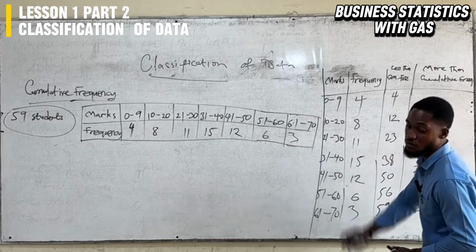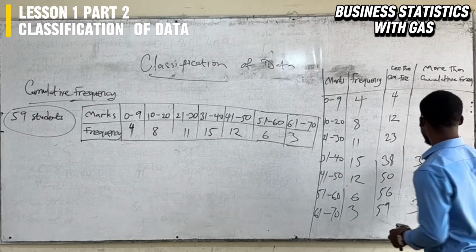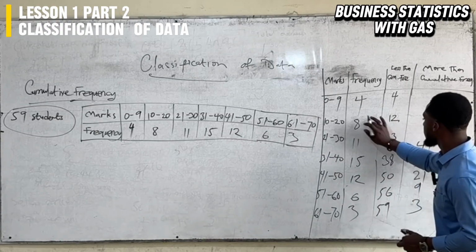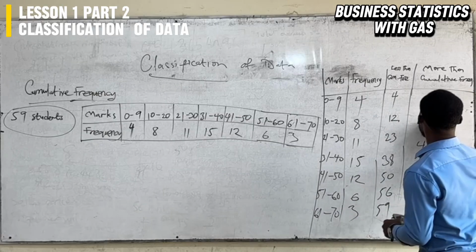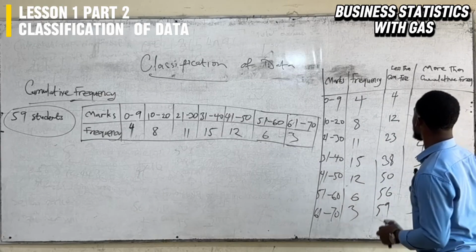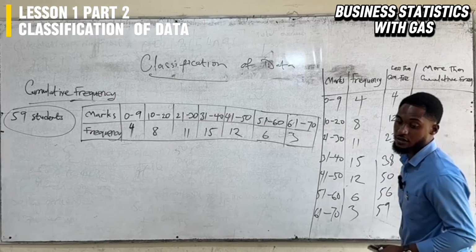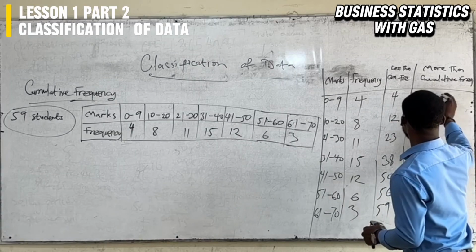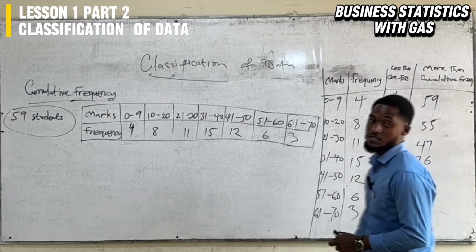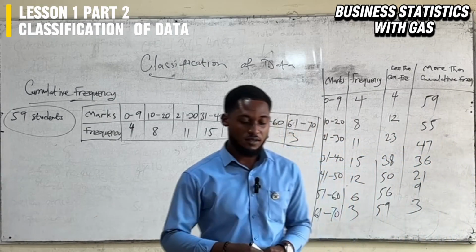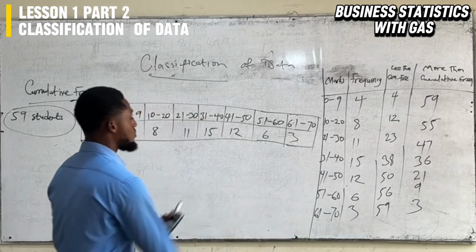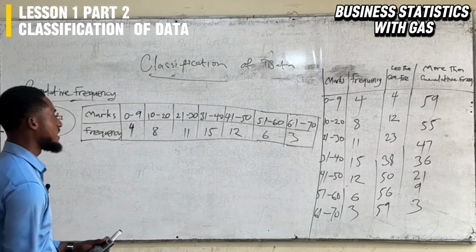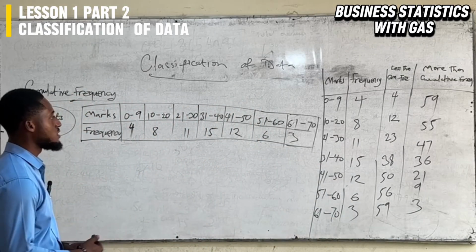You add the 36 to the 11, making 47. You add the 47 to the 8, making 55. You add the 55 to the 4, making 59. So this is how the cumulative frequency is done.